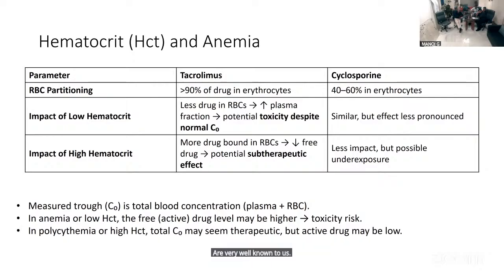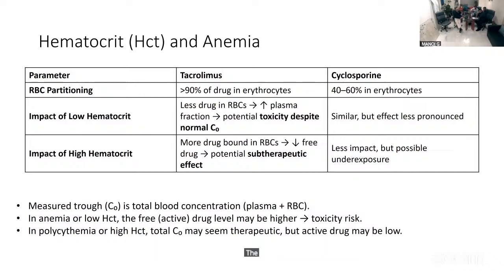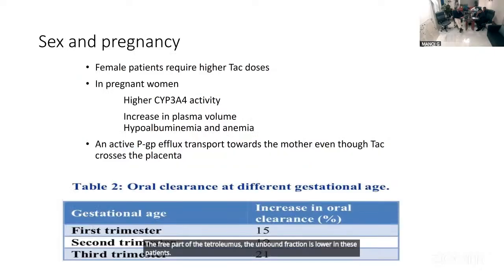In these patients, we consider that the kidney is optimally functioning, but we should always remember that the free part of the tacrolimus, the unbound fraction, is lower in these patients.